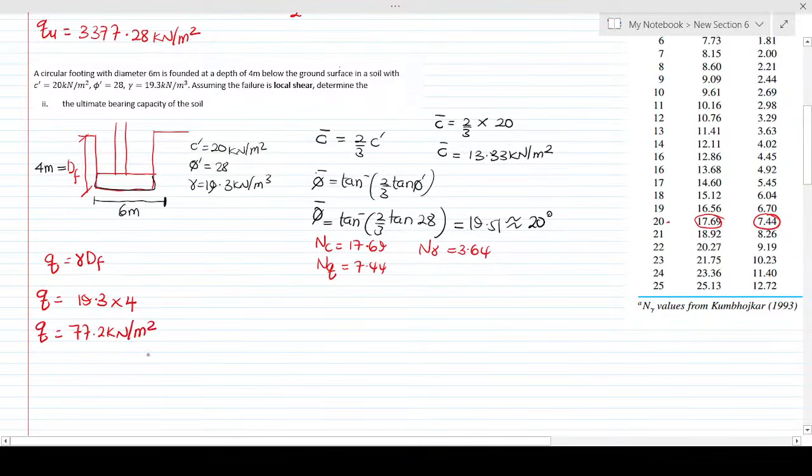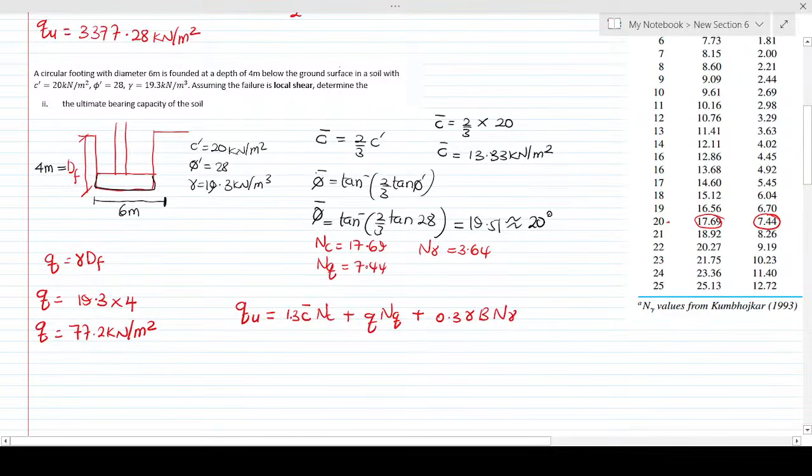So now I have every parameter. Now I need my equation. My ultimate bearing capacity is 1.3 C bar NC plus Q NQ plus 0.3 gamma B N gamma. So I have these as my parameters.